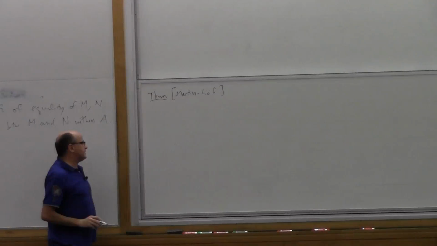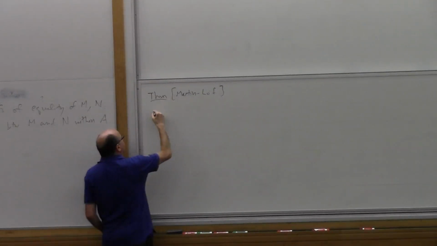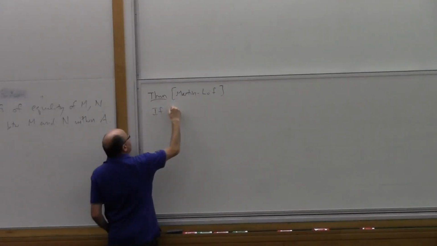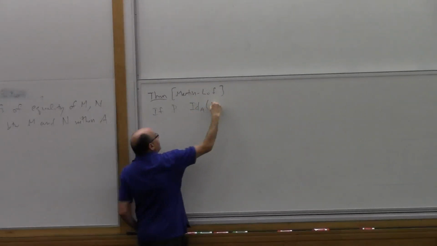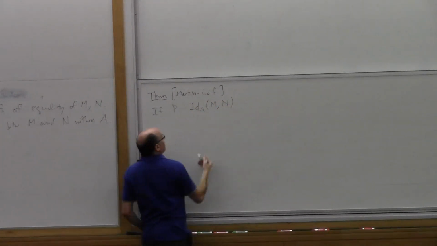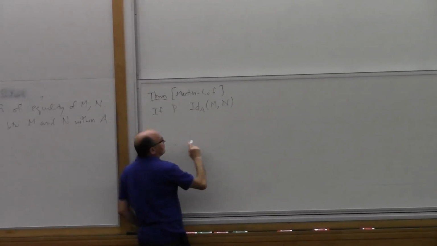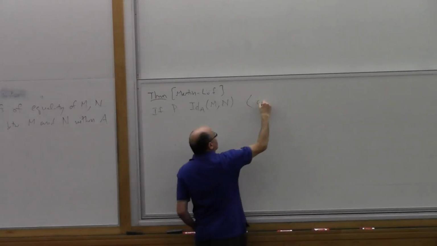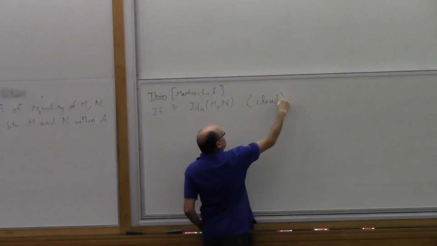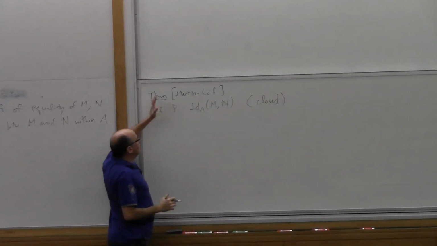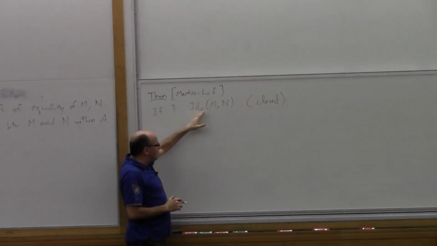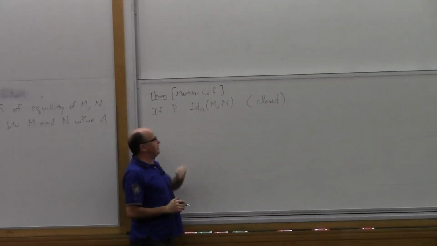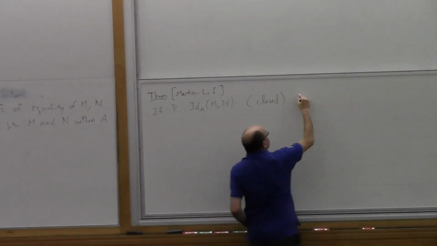It says, if you have a closed proof of the identity of m and n, which are closed terms, so there are no variables and I have no assumptions, so a closed proof of equivalence at some closed type A, of closed elements m and n, then they're definitionally equal.